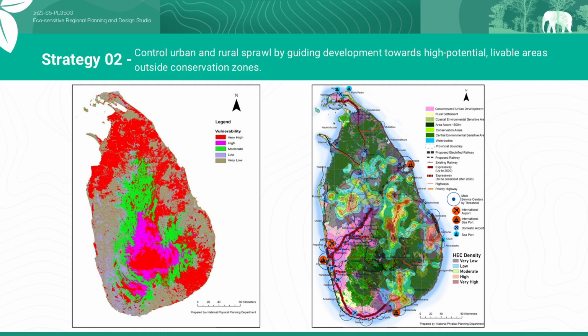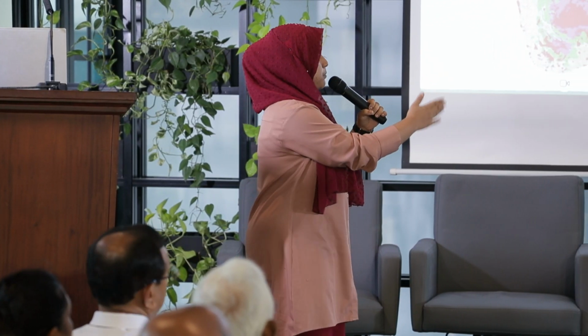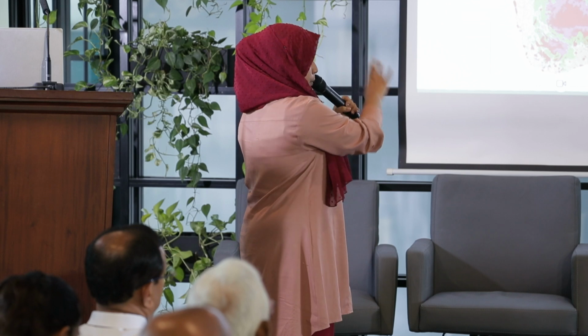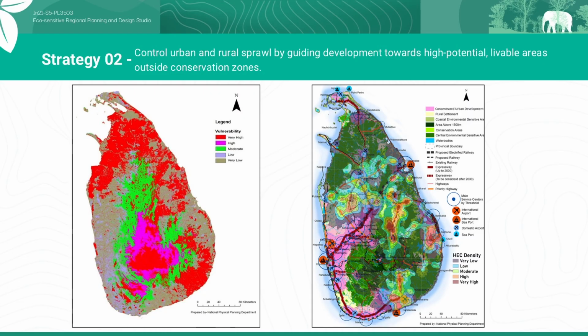This is the NPP-declared sensitivity mapping, which includes areas from very high to very low sensitivity. When we overlapped the HEC density map with the National Physical Plan proposed for 2050, you can see that the areas marked as low sensitivity in the proposed National Physical Plan sensitivity map are where high HEC density is happening.